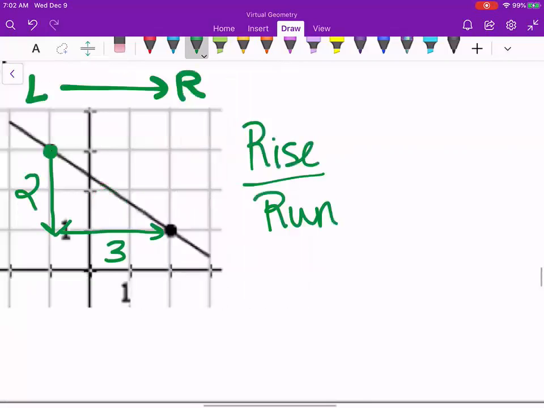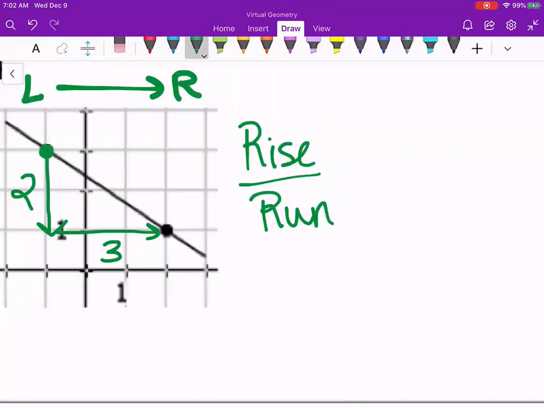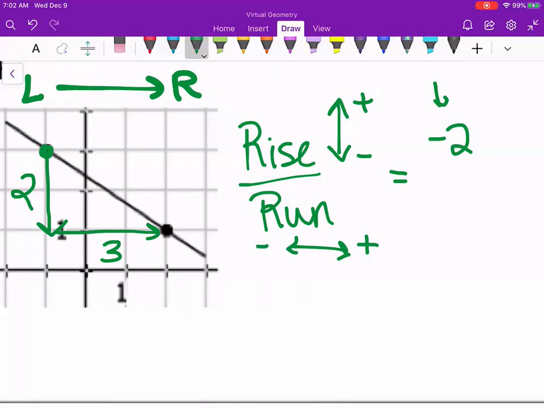Now remember, the rise can go either up or down. If we go up, that means your number is positive. If you go down, that means the number is negative. I went down, so that means the 2 should be negative. Because again, we went down 2. Then we went to the run. So for the run, if we go to the right, that's positive. If we go to the left, that's negative. So I went right 3, which means it is a positive 3.